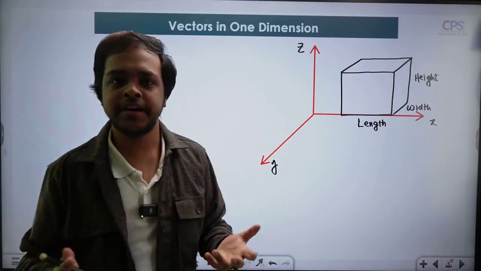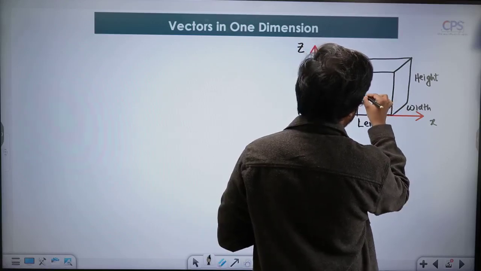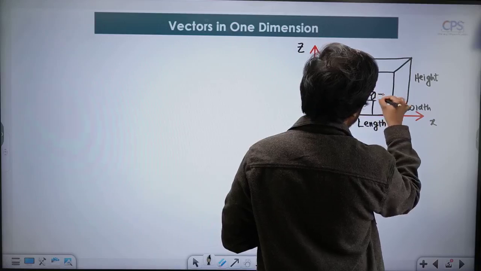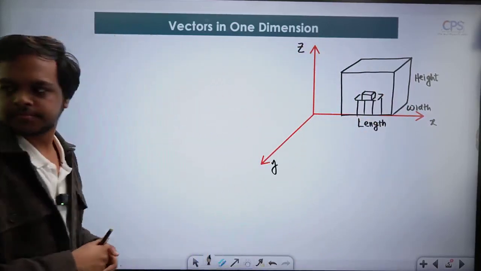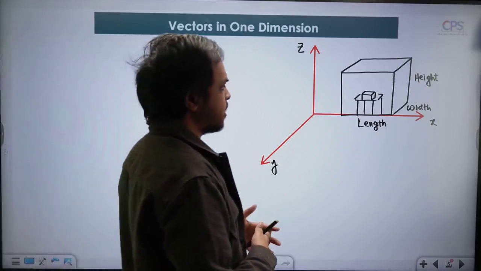So everything is 3D. There is a table, on the table there are books, the books are also 3D, the table is also 3D, everything is 3D. So you can associate all these things here.